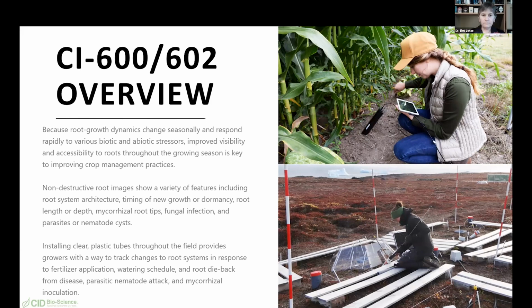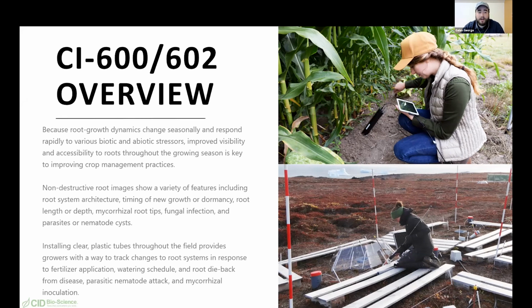And so since there's a lot of change in the root dynamics seasonally and in response to biotic and abiotic stressors, it's actually becoming a very popular thing to study as far as looking at a holistic view of plant health. And so people are using these across multiple different fields, from agronomy to just plant physiology, environmental science, forestry.